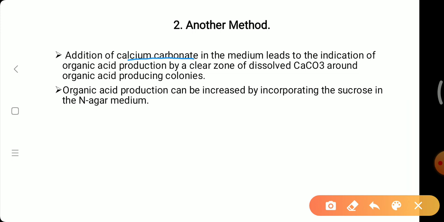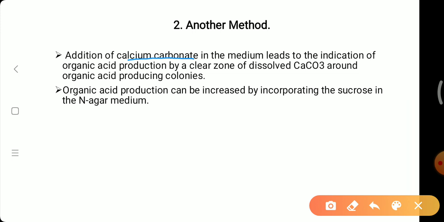In that, what we will do is take calcium carbonate into the nutrient agar medium, so our plates will have a whitish appearance. If the organism produces a high amount of organic acid, then we will observe transparent colonies, a zone of transparency. So this indicates this organism has produced some kind of organic acids.